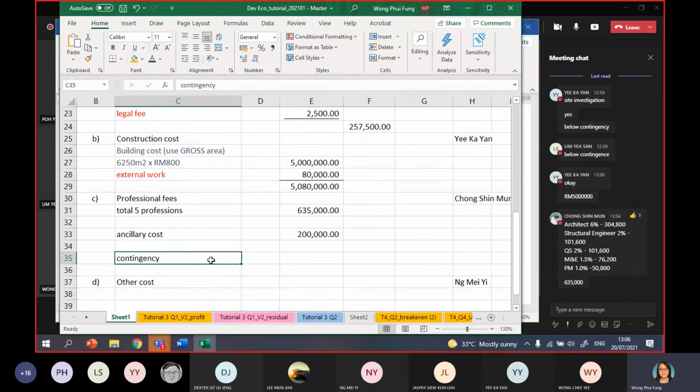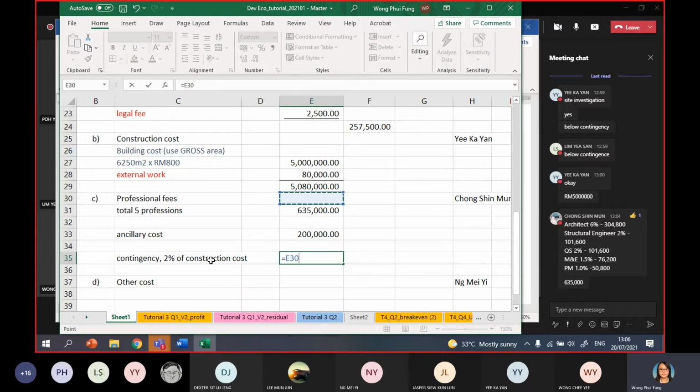Then after that, the contingency is given as 2% of construction cost. So here, be careful. It's 2% of construction cost only. If the question says 2% of construction cost and professional fee, then you include the professional fee. So I repeat again.